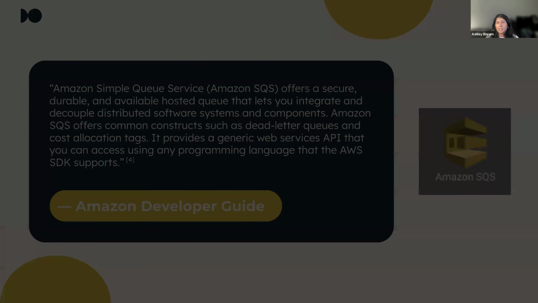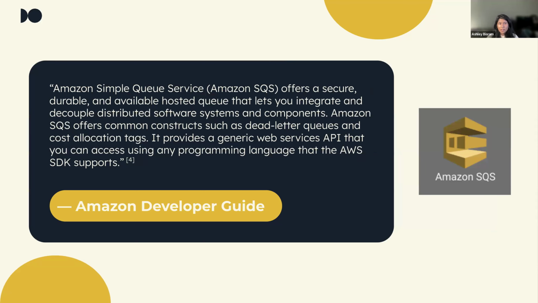So this is just a little takeaway from the Amazon Developer Guide on their website. The Simple Queue Service, which is Amazon SQS, does offer secure, durable, and available hosted queues that allow you to integrate and decouple different services. Amazon SQS also offers the dead letter queues that we talked about before, which is really helpful for debugging, and also cost allocation tags.